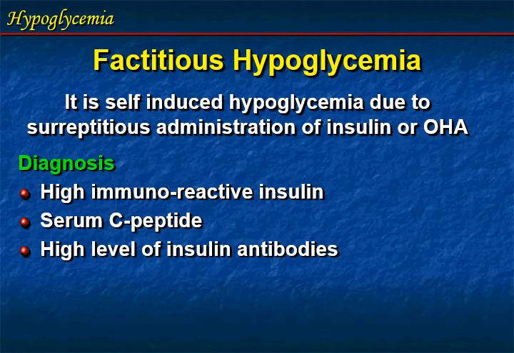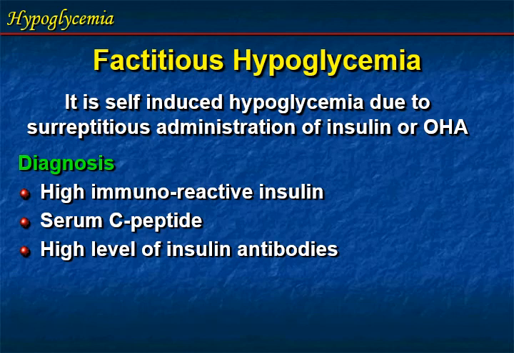The factitious, again, it's a self-induced hypoglycemia due to self-administration of insulin or oral hypoglycemic agents. It's important in medical legal matters. We should either measure C-peptide, high level of insulin antibodies, or high immunoreactive insulin. This is important medico-legally, and in the next few years it will gain much more importance.